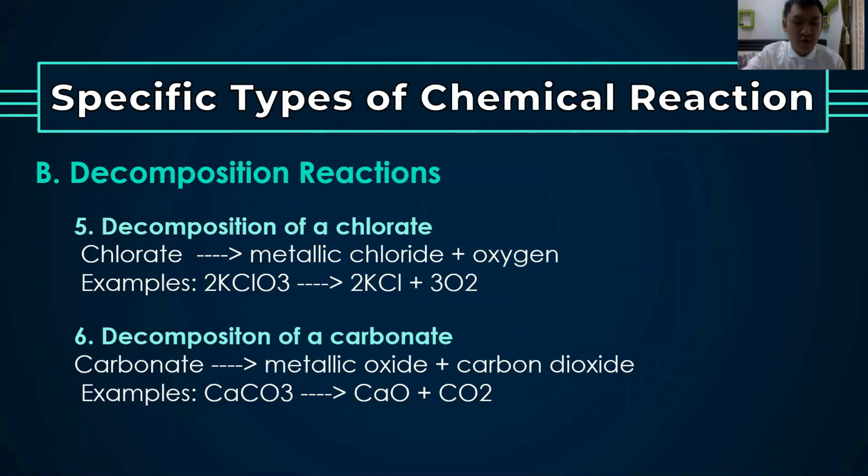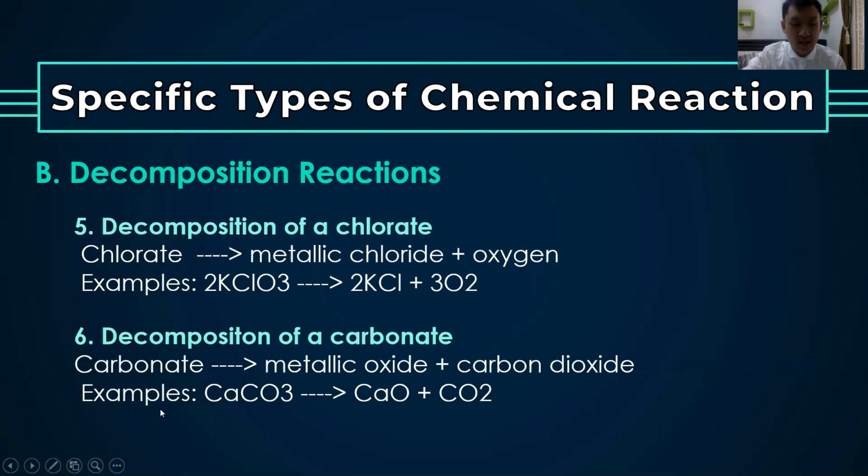Next is decomposition of a chlorate. Chlorate yields metallic chloride plus oxygen. Example: 2KClO3 yields 2KCl plus 3O2. Next is the decomposition of a carbonate. Carbonate yields metallic oxide plus carbon dioxide.